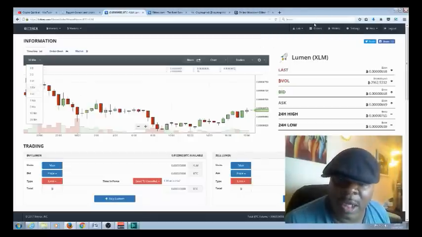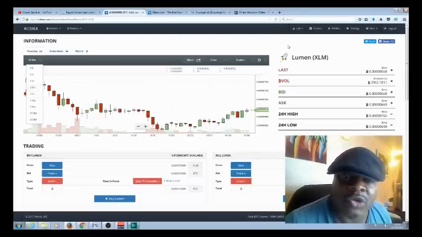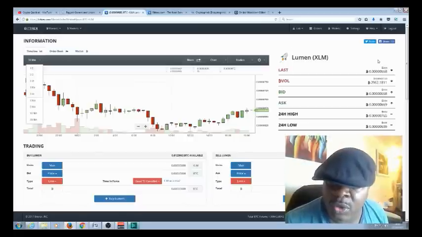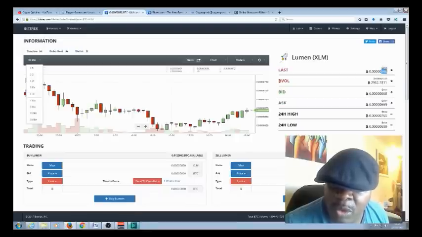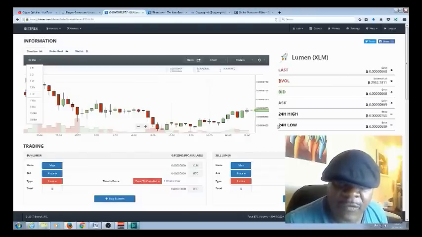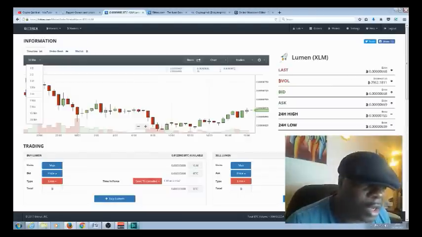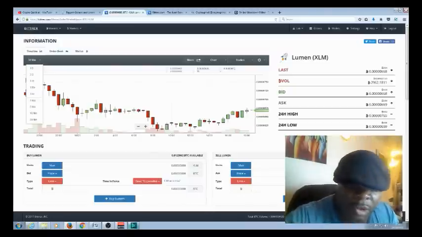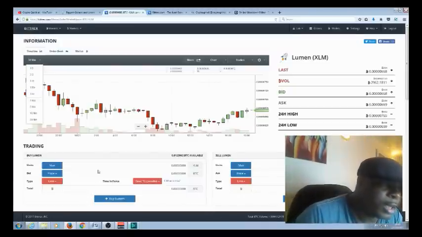And then to the right of your screen, it gives you what the last trade for how much was last paid for that currency, in this instance lumens in bitcoins, the volume of trade, etc., the bid, the ask, the 24-hour high and the 24-hour low.